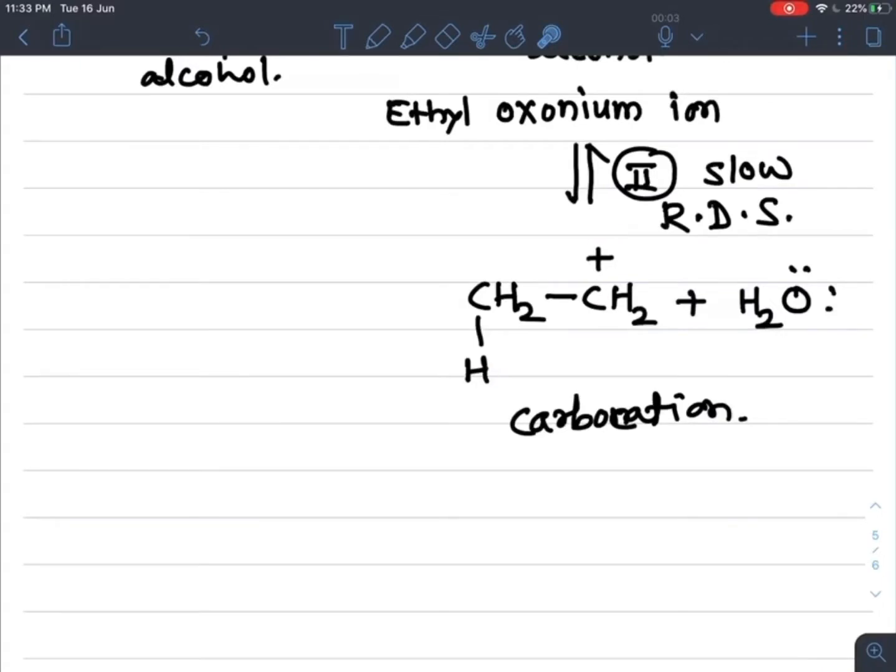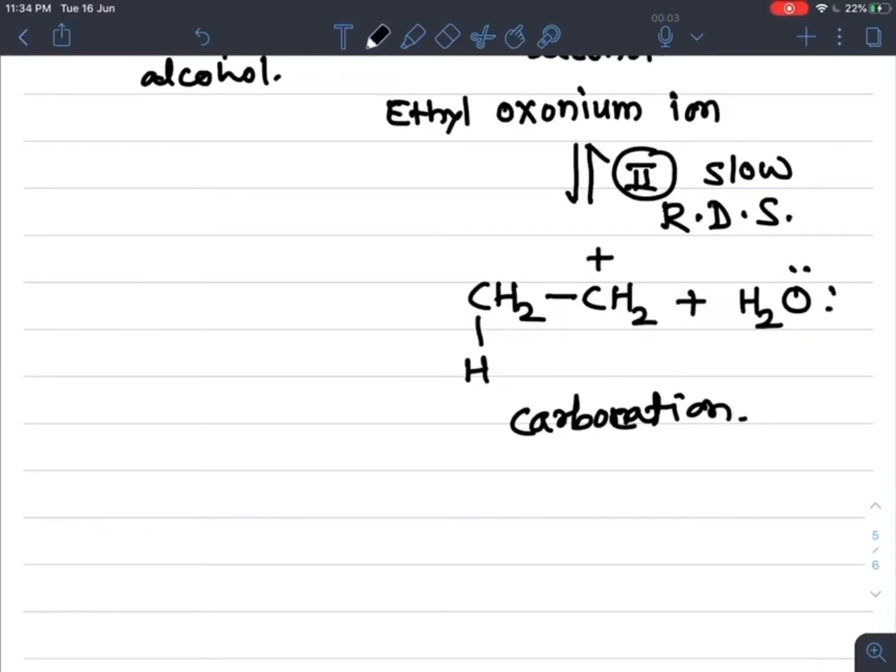To get stable, the pair of electrons from the bond between the C-H group shifts in between the carbons, and this H plus is removed, and we get the alkene. So by shifting this pair of electrons from the carbon-hydrogen bond towards the carbon, what do we get, the product?